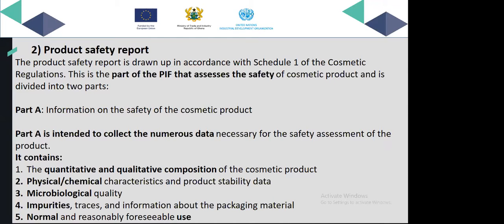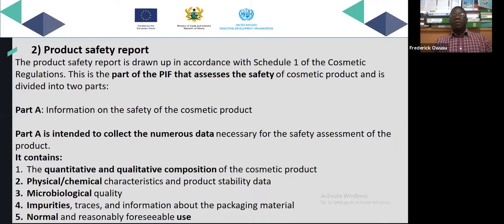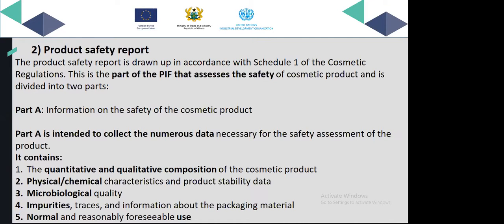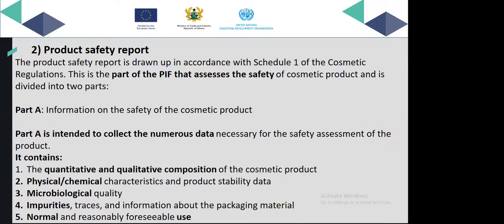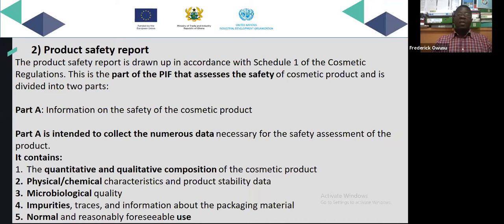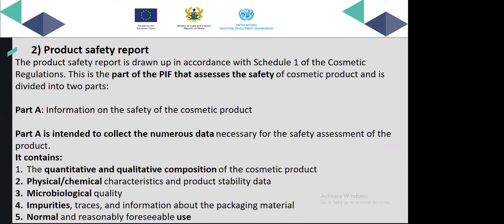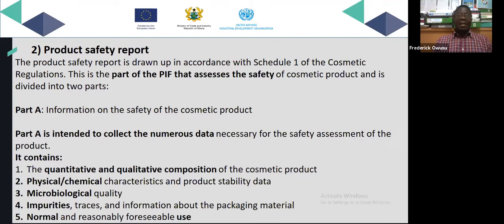And this part of the PIF assesses the safety of your product. And I said this part is divided into 2. Part A and Part B. Part A is information on the safety of product. The Part B is intended to collect numerous data necessary for the safety assessment.